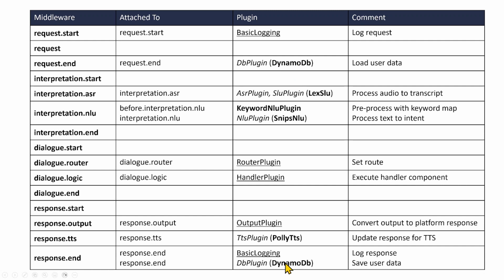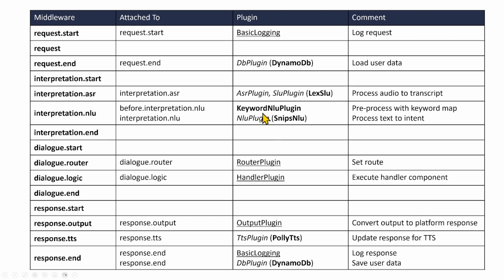That DB plugin also has a response.end, and at that point, it saves any changes to that user data back to the database. And inside of the handler logic would be a place where you could either read the user data or add additional user data to be stored. And then it just automatically gets stored behind the scenes for you because you've got this plugin.